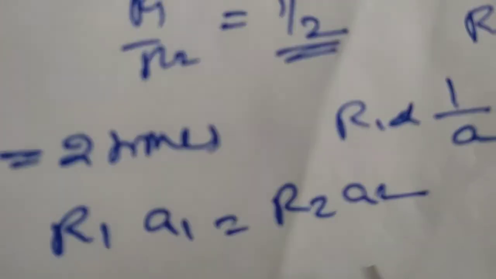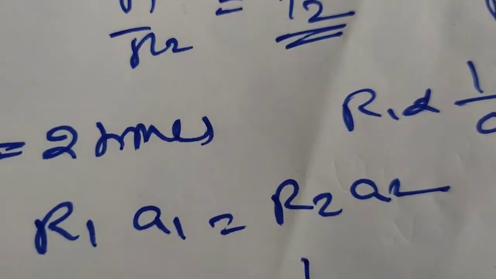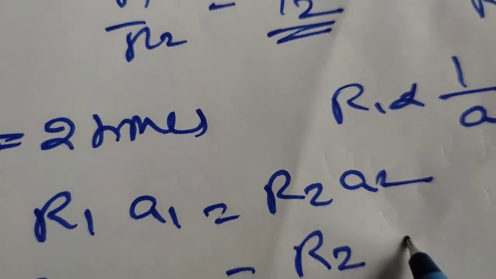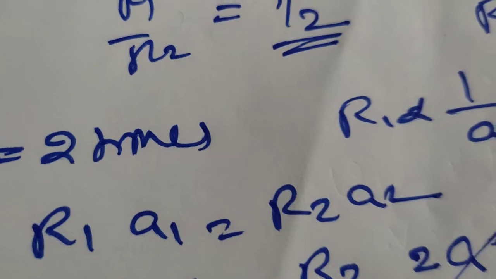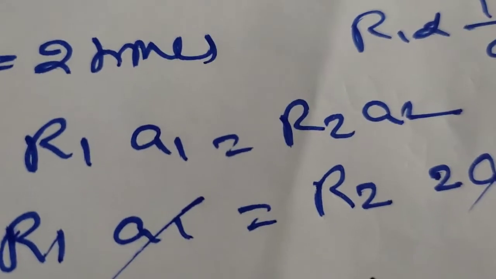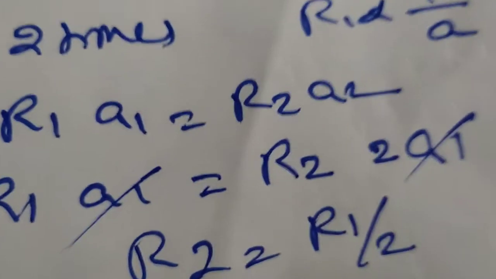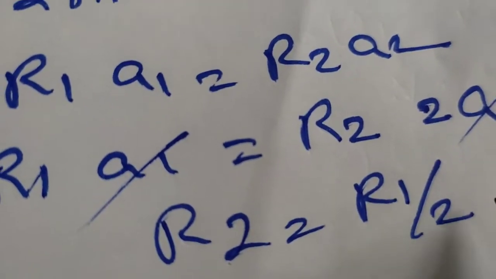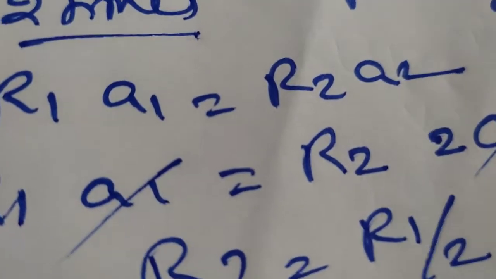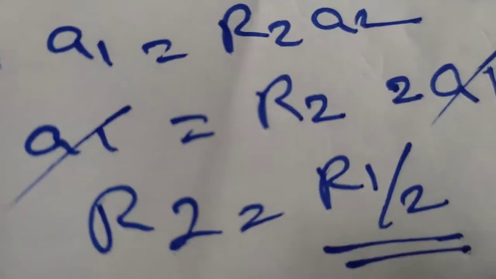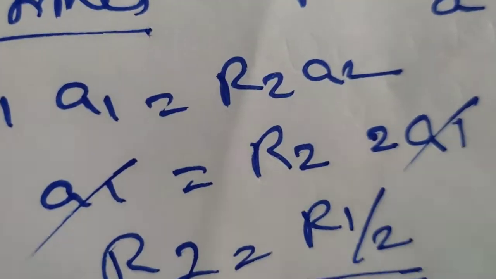So R1 A1 becomes R2 into 2A1. Cancel out, you will get 2 R2 is R1. So R2 becomes R1 by 2. So if the area becomes 2 times, because it is inversely proportional, the resistance becomes half.